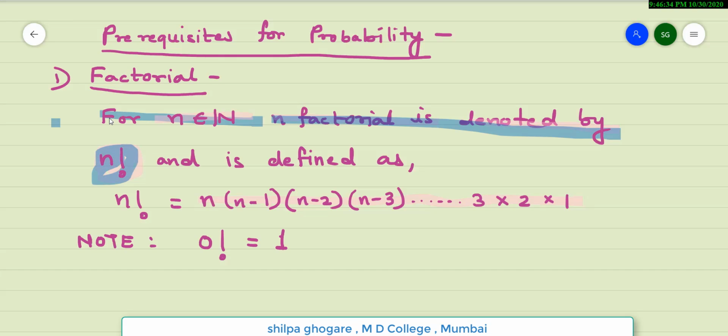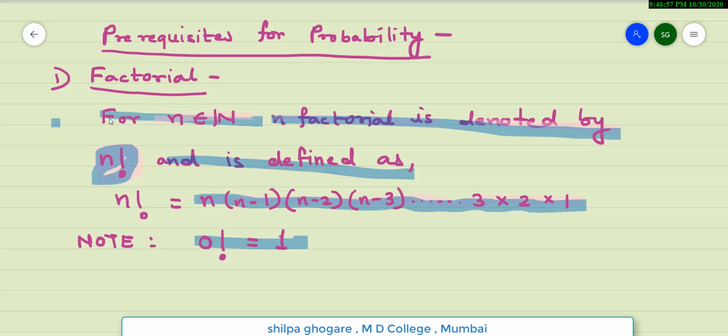So n and this exclamation mark is given, and it is defined as n into n minus 1 into n minus 2 into n minus 3 up to 3 into 2 into 1. So you start with n and go on reducing that number and multiply all those numbers. Note that 0 factorial is defined as 1.